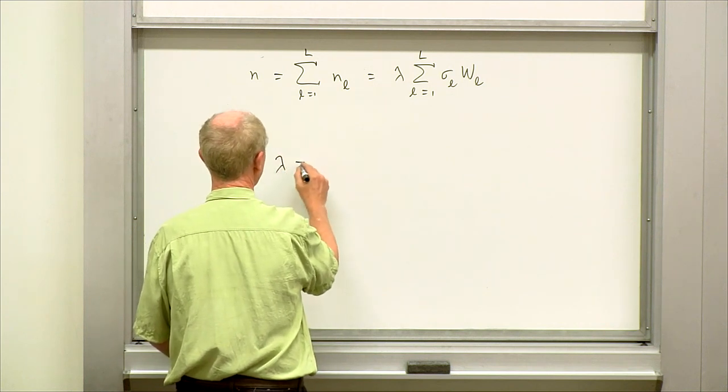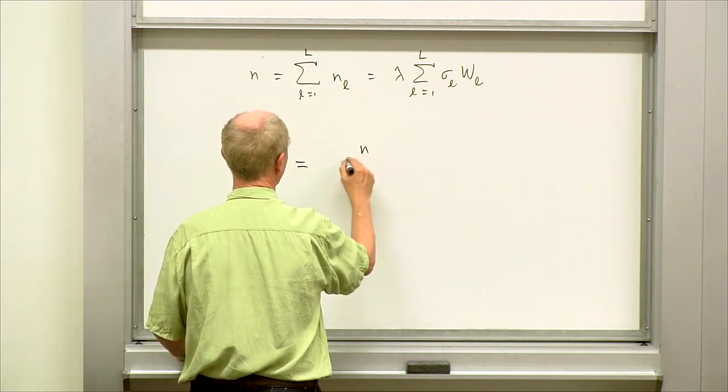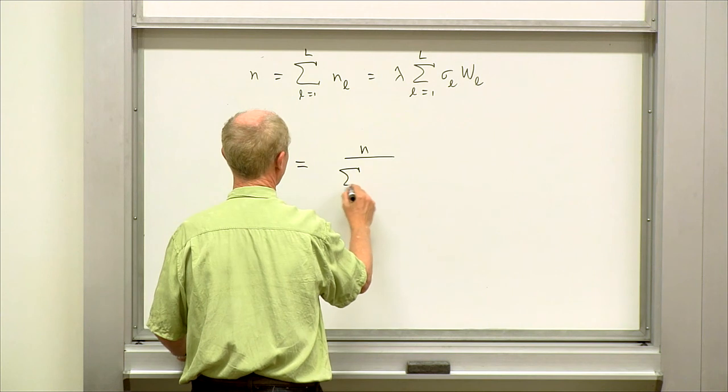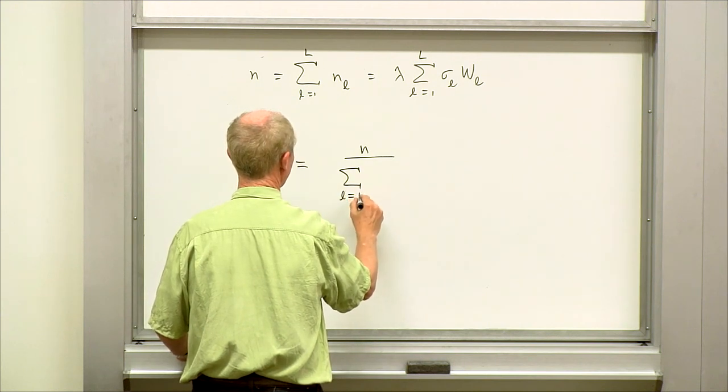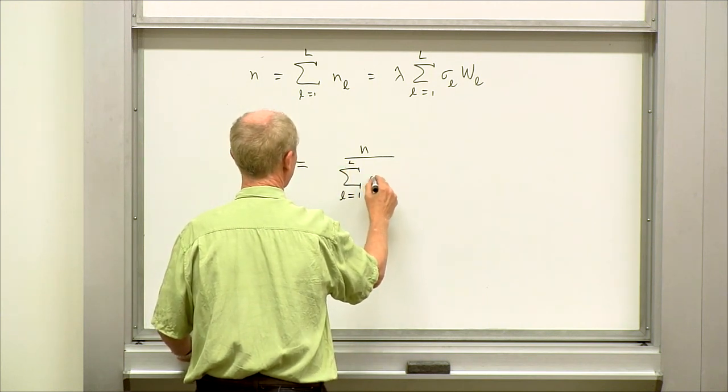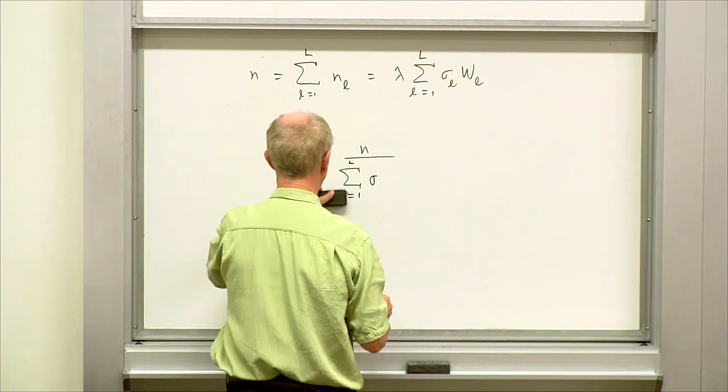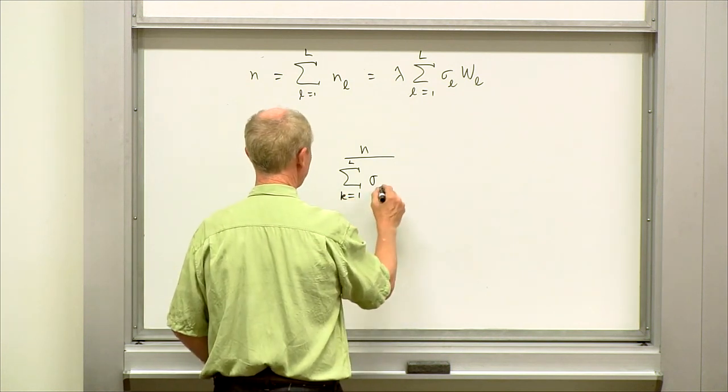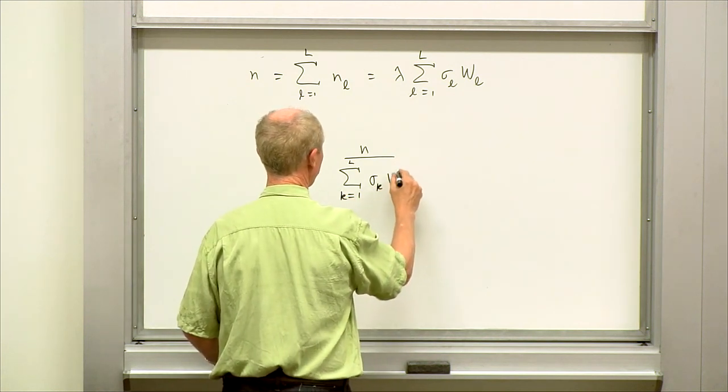So lambda is n over the sum over, maybe I'll write it as k equal 1 to capital L, sigma k WK.